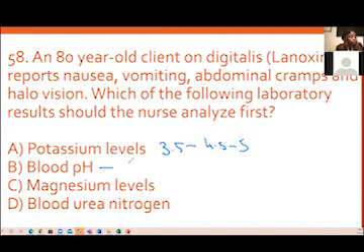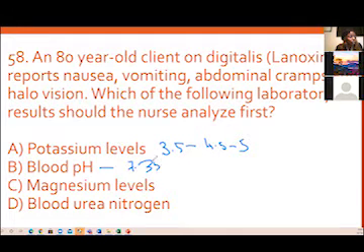Blood pH, and remember this. I know bicarb is 20 to 26. pH is 7.35 to 7.45.